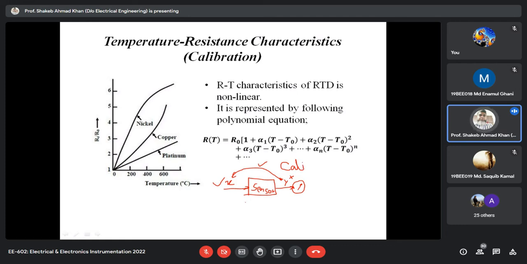Many times you will find this kind of relation, that is called a polynomial relation, that is x is equal to a0 plus a1y plus a2y squared, and so on.